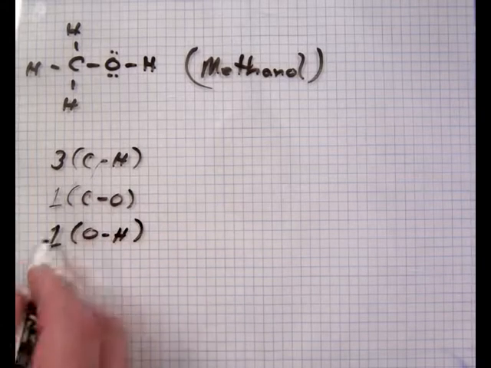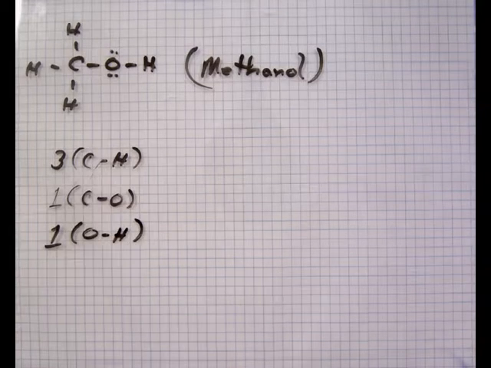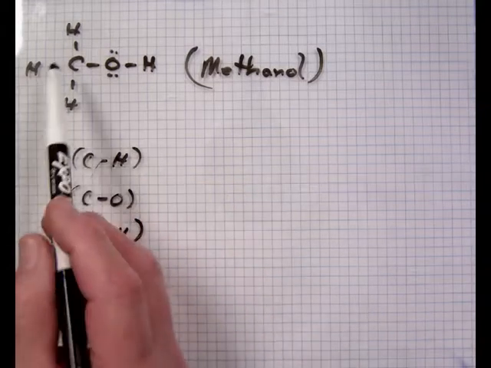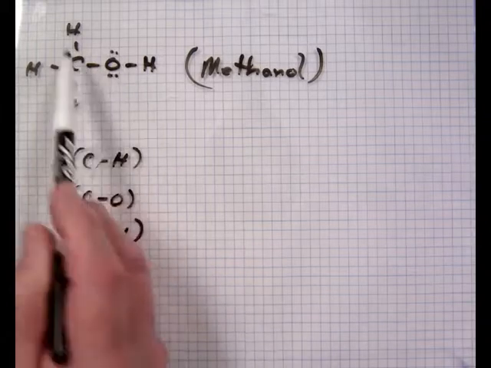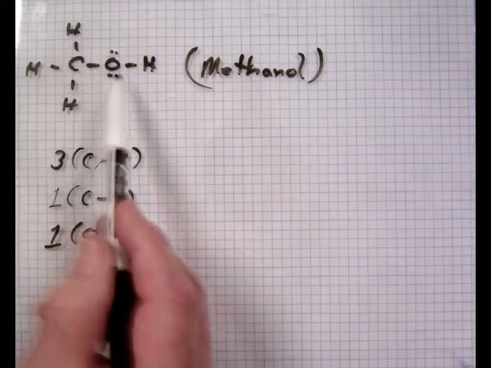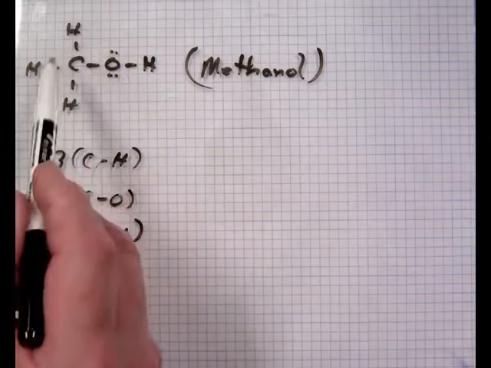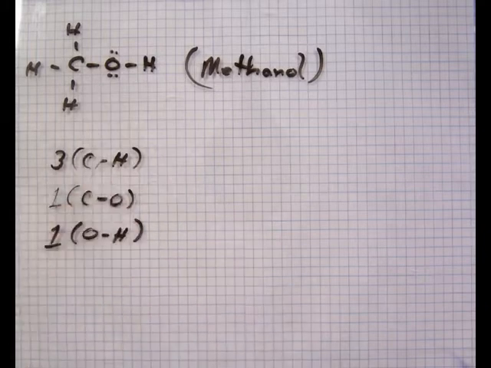That's 5 bonds. When you list them, be sure you've got 1, 2, 3, 4, 5. See how I'm counting the bars in here? This has got to match. If the bars don't match, go back and check. You missed some, or you put too many bonds in.